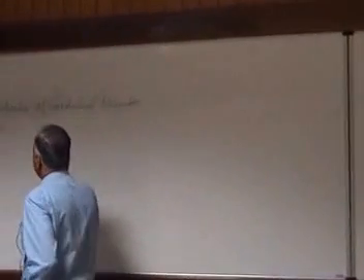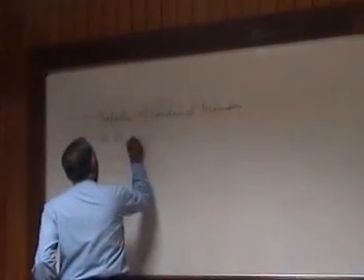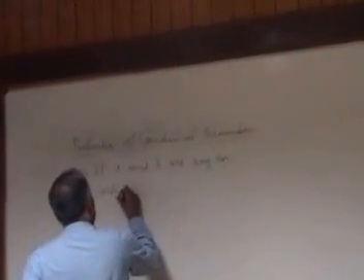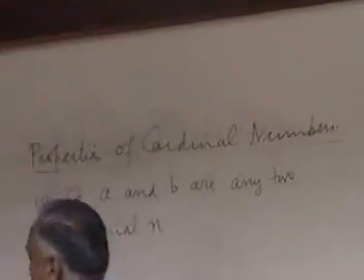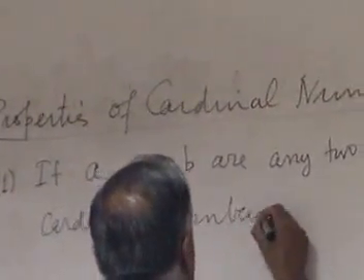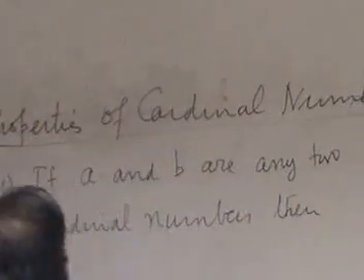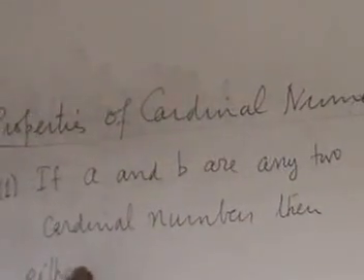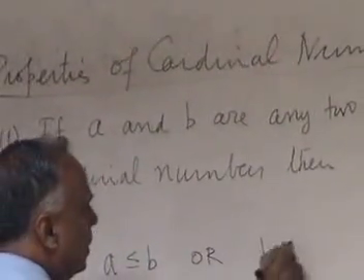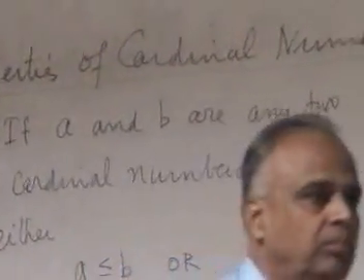Let me first write that. It's not a trivial affair. Any two cardinal numbers, then either A is less than or equal to B, or B is less than or equal to A.